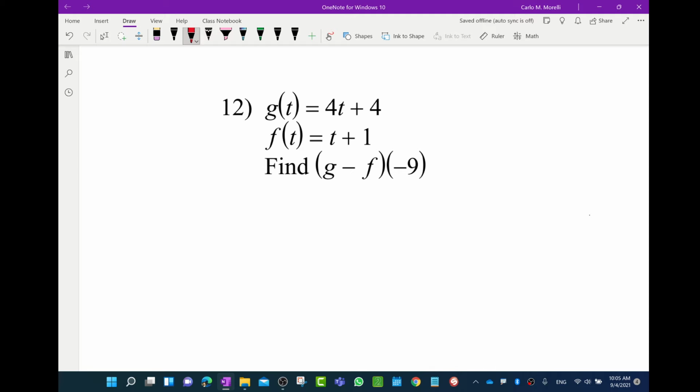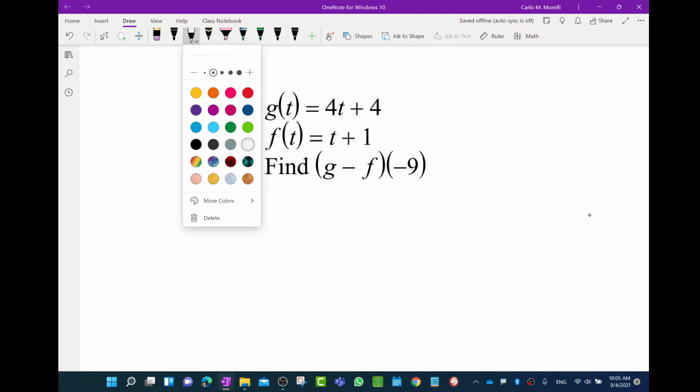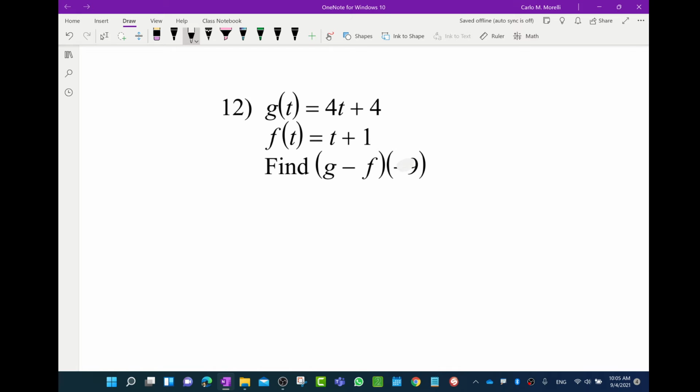So basically, you need to ignore that -9 and just do this for x first, okay? And then do it for -9. All right? That's how I'm going to teach it, and that's how I want you to do it, so that I can see that intermediate difference as a function of x.